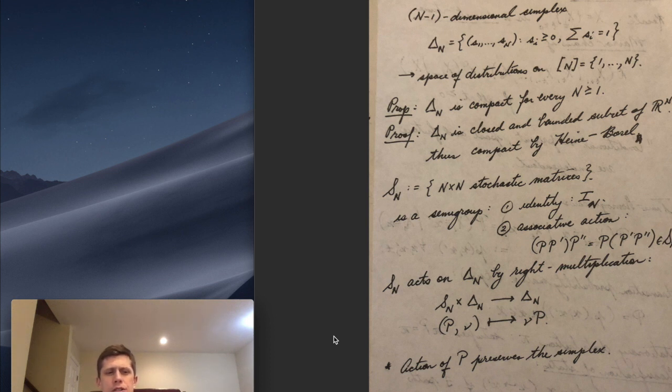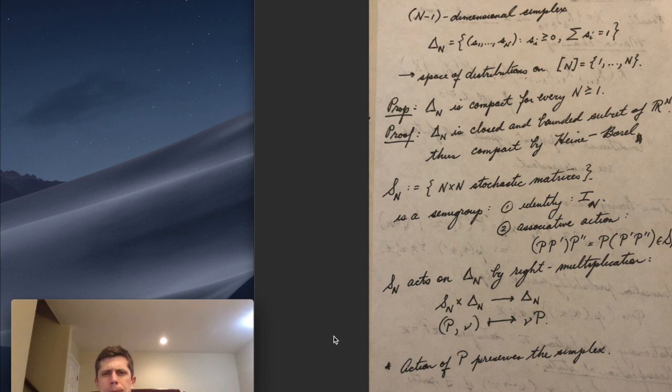Delta n is just the set of all vectors s1 up through sn, non-negative, that add up to 1. Those are probability distributions on the states 1 up through n. Since the state space is finite, we might as well assume it's labeled 1 up through n. It makes no difference. And that means that the transition matrix is then just an n by n matrix.